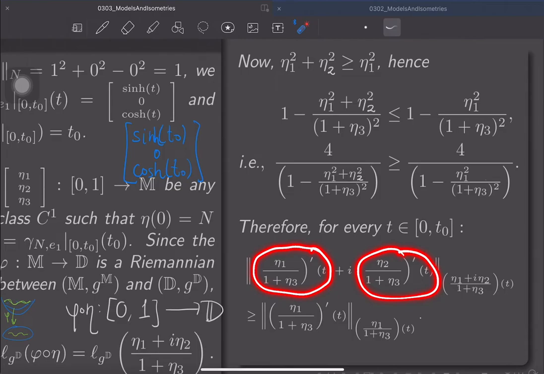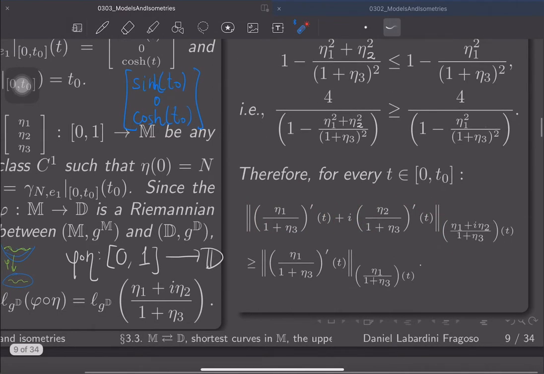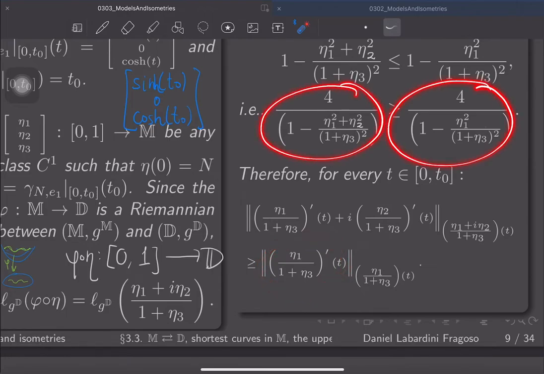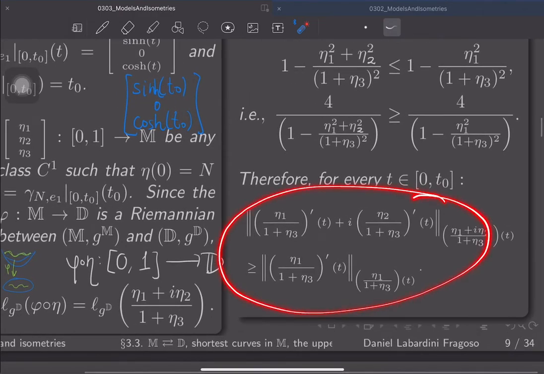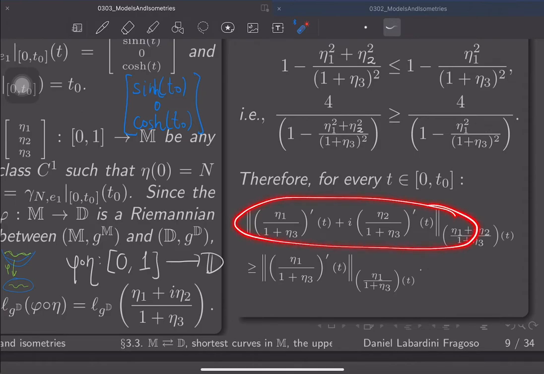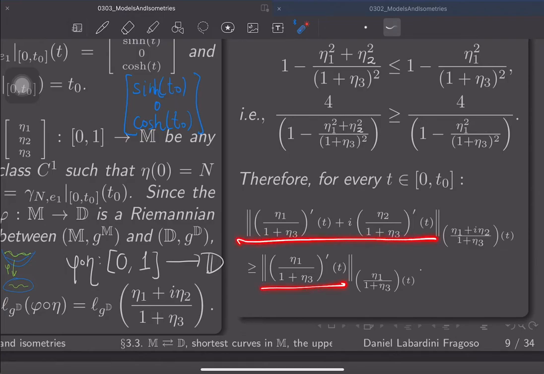That is greater or equal than the square root of only one entry square times this, which is also less or equal than that. Each one is a product of two things, and the first factor here is less or equal than the first factor there, and the second factor here is also less or equal than the second factor there. That's why I have this inequality.